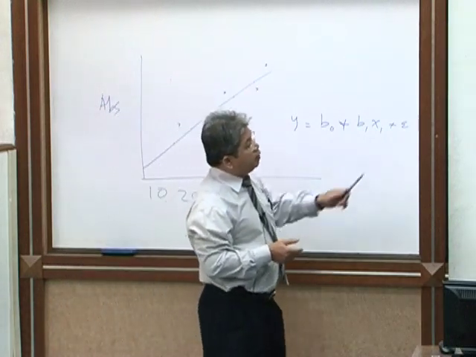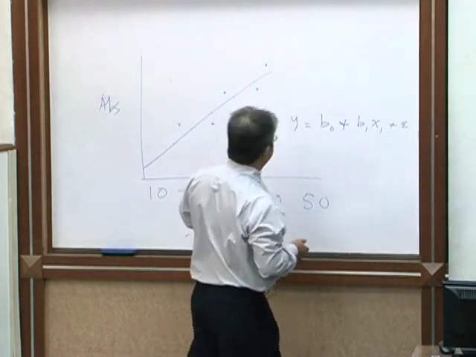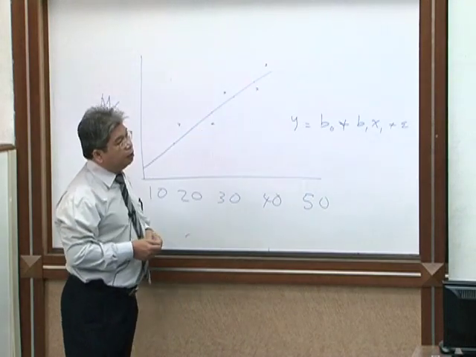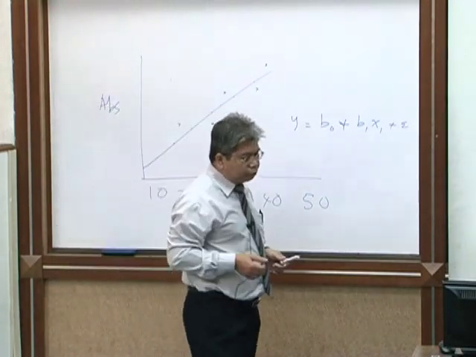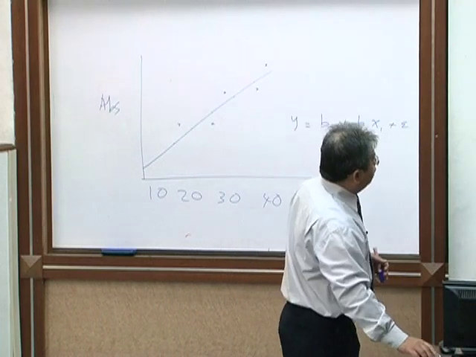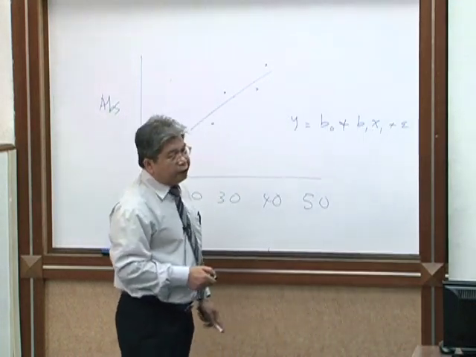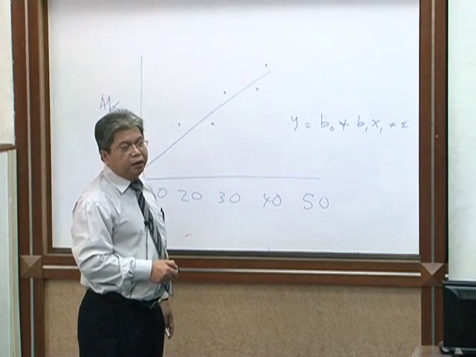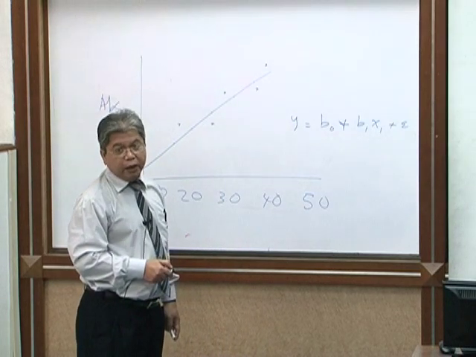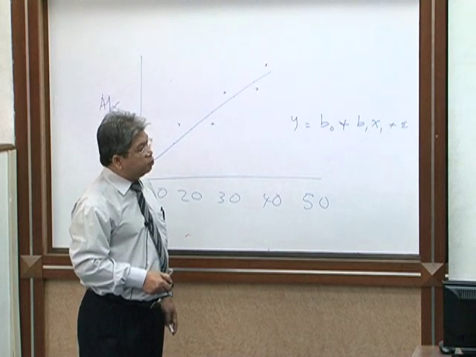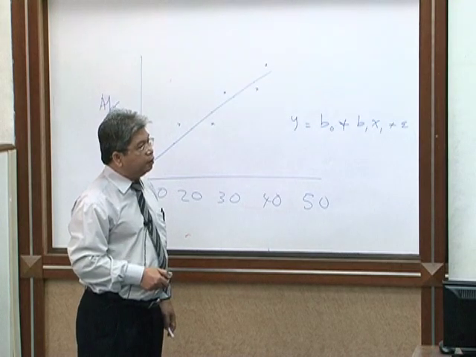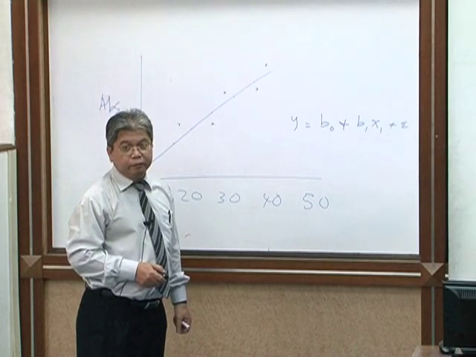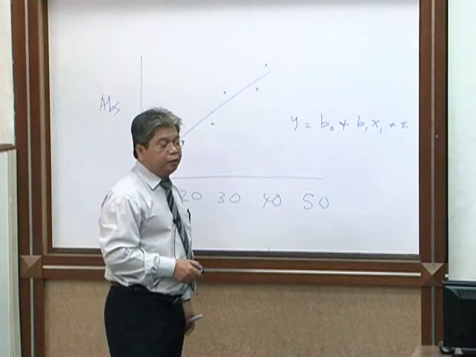When we use Y hat, it has a value exactly on the line. In order to define the equation, we have to estimate these two parameters, B0 and B1. And the method used to obtain B0 and B1 is called the least square method.